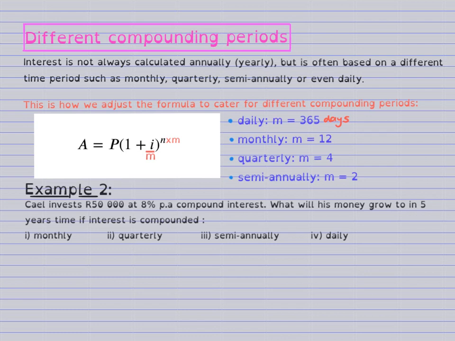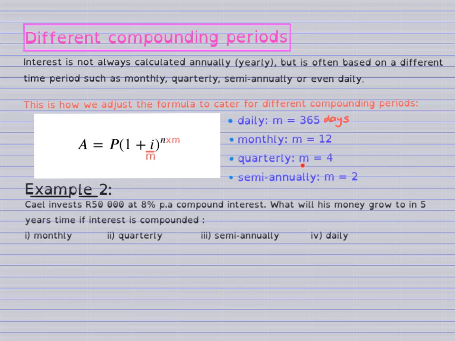Monthly, so you are earning interest 12 times a year because you are earning interest every month. When we earn interest quarterly, you'll earn every 3 months basically, because if you divide up a year by 4, it happens every 3 months. But in a full year, you would earn interest 4 times a year.